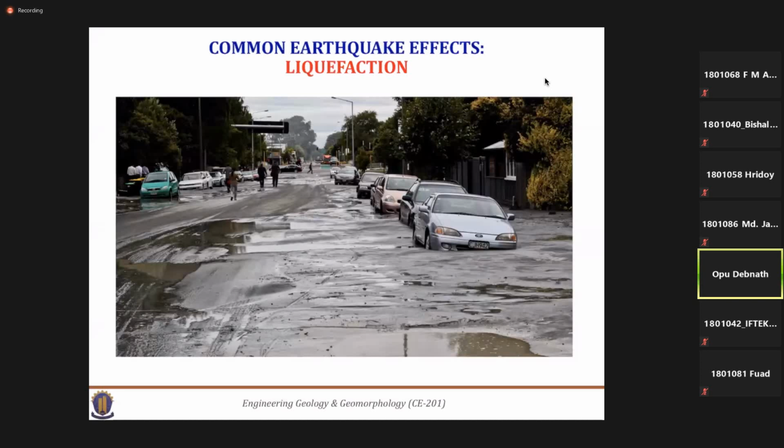So when an earthquake occurs, due to the ground shaking, this is very similar to squeezing of the ground surface.